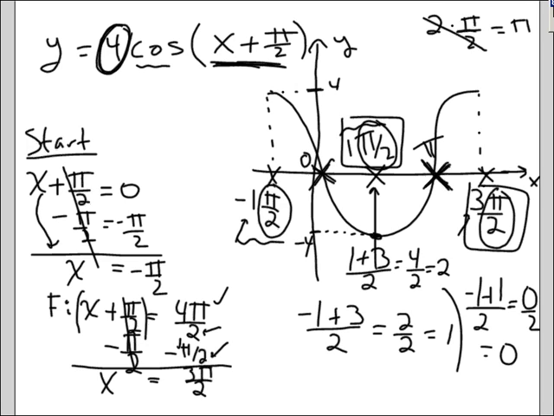Let's try another one. Suppose you were asked to graph y is equal to negative 2 sine of 3x minus pi.